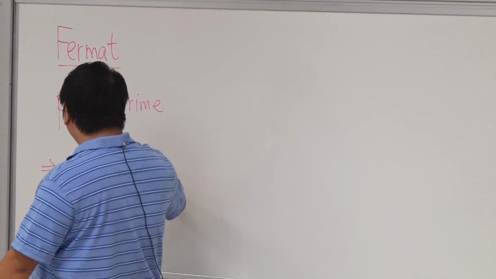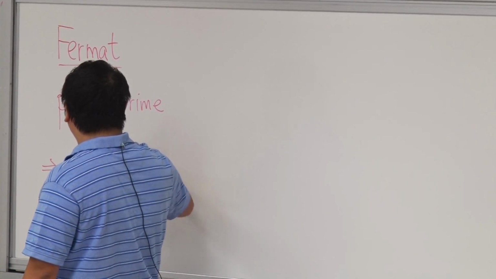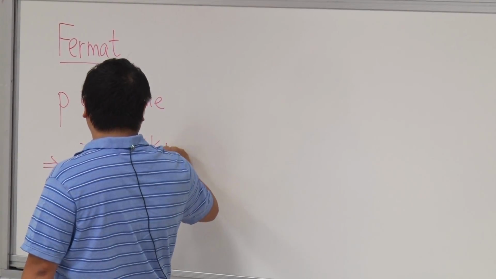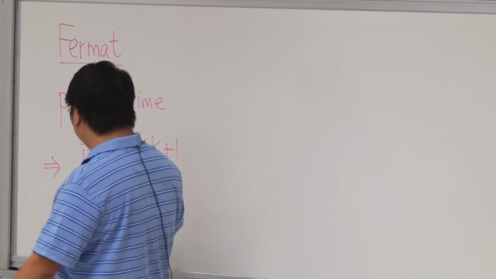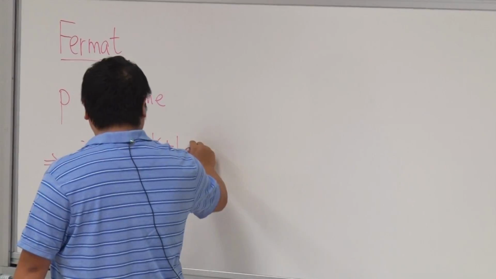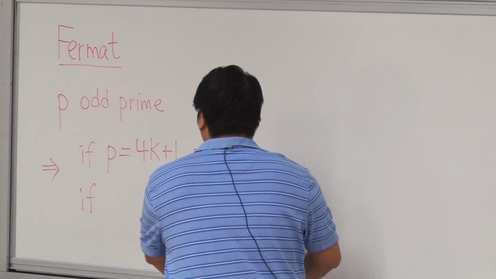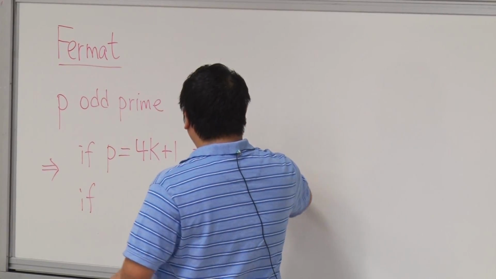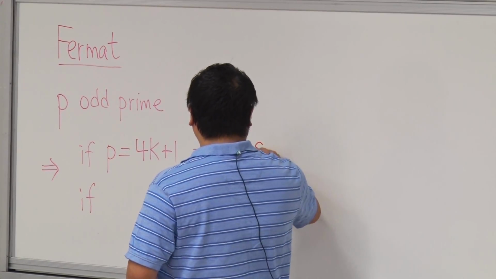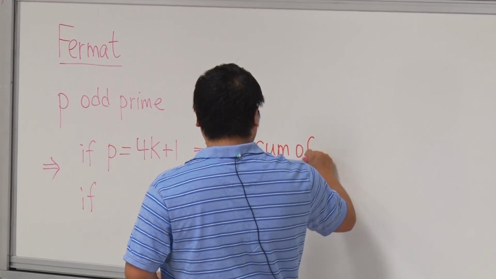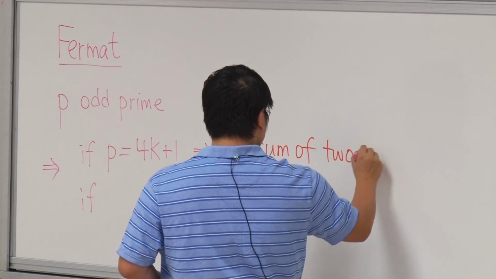If P is a 4k plus 1 type prime number, then P is equal to a sum of two squares.